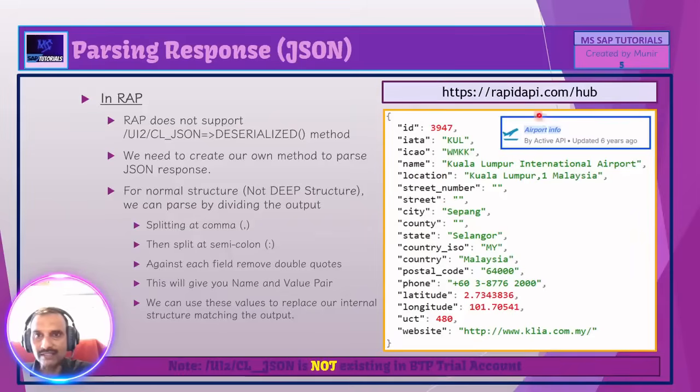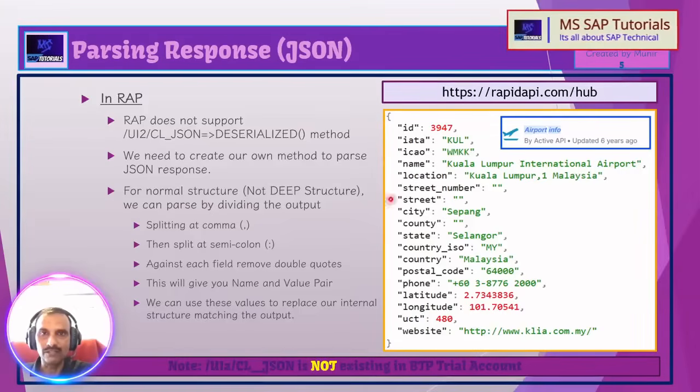Now, once we get this, since we don't have deserialize, we have to write our own code. Remember this point, that we'll have to use our own code to parse this JSON. And how I have done it, since mine was a simple thing, I just removed the starting and ending curly braces, then split it on the comma to get each and every record.